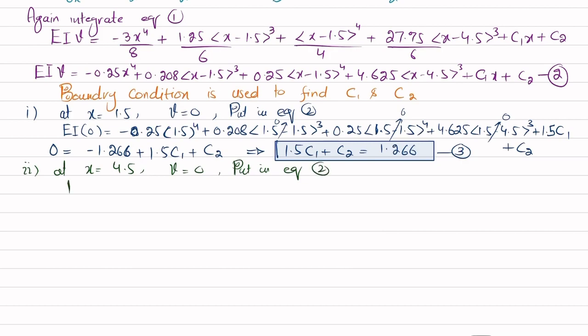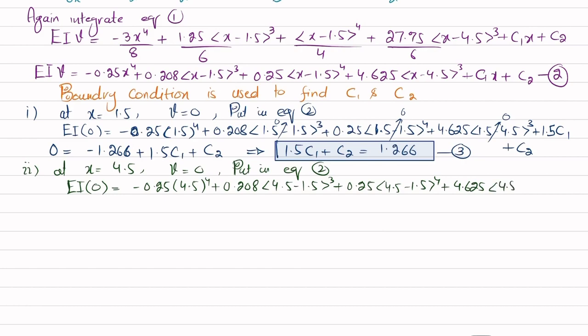So EI into v, which is deflection, is equal to minus 0.25 into 4.5 power 4 plus 0.208 into <4.5 minus 1.5> power 3 plus 0.25 into <4.5 minus 1.5> power 4 plus 4.625 into <4.5 minus 4.5> power 3 plus C1 into x. So x is 4.5, so 4.5 into C1 plus C2.